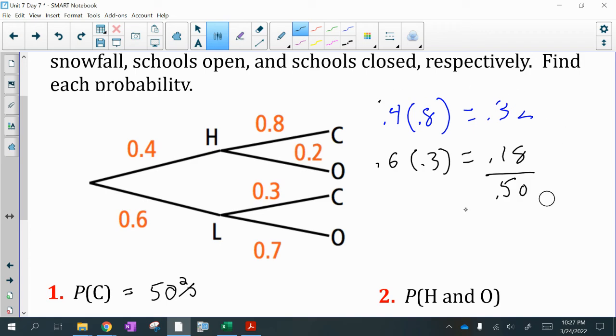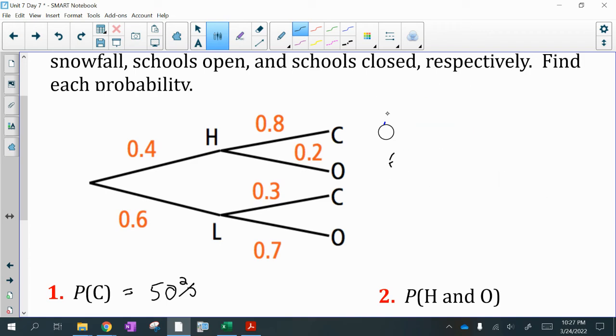Next, let's take a look at this next one. Probability of heavy snow and remaining open. Okay, that's only one situation, so I only have to follow that path here.